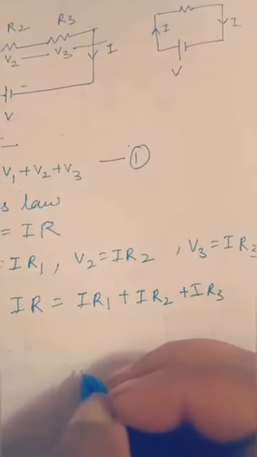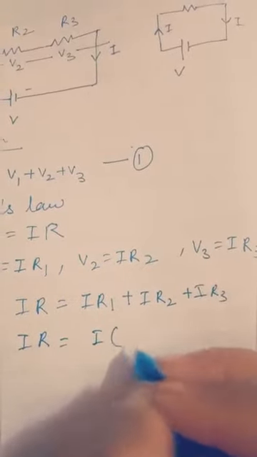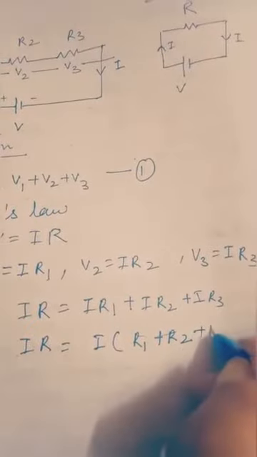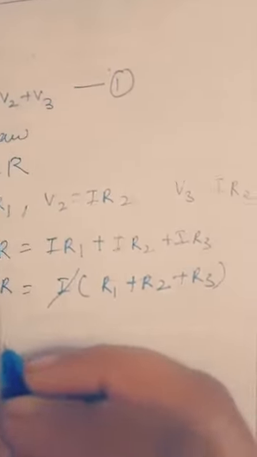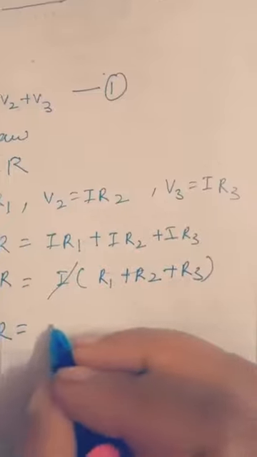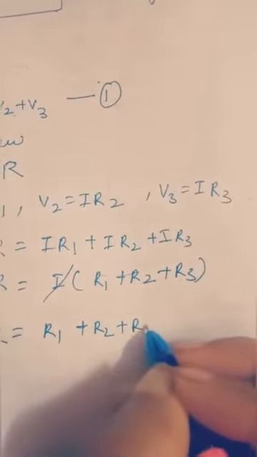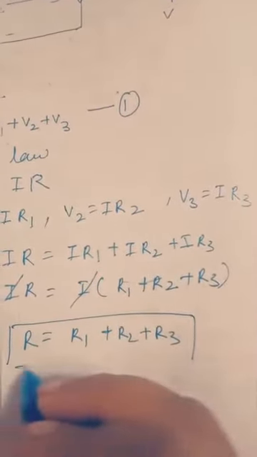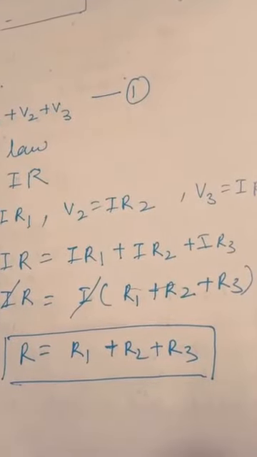Taking I as common, I R equals I, in bracket, R1 plus R2 plus R3. So cancel out I from both sides. We will be left with R equals R1 plus R2 plus R3. So this is the formula of equivalent resistance in series.